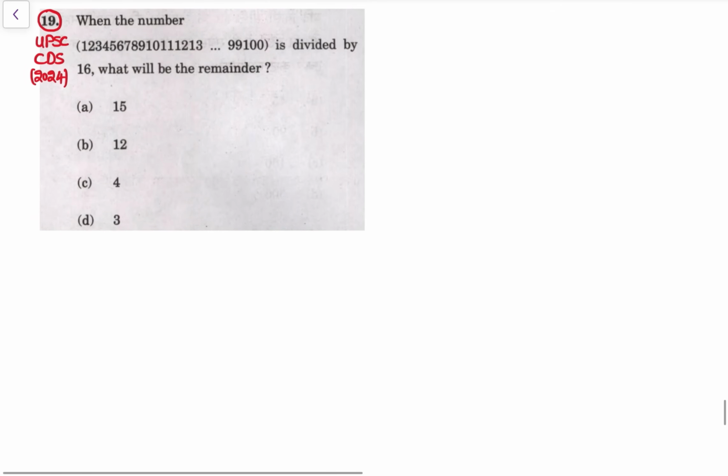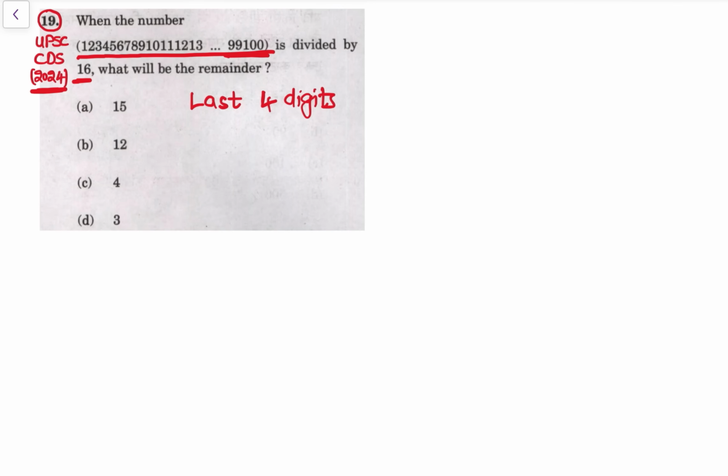See, this is a question asked in UPSC CDS 2024. So it is important, UPSC has questions like this in view. See, 1, 2, 3, 4, and so on till 99, 100 is divided by 16. 16 is what? The last 4 digits must be divided by 16. So 9100 divided by 16.